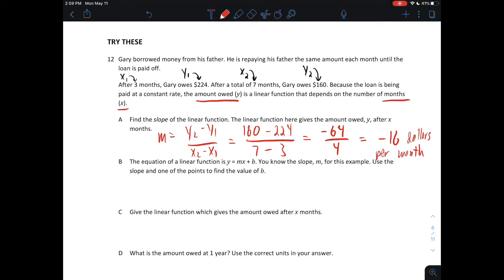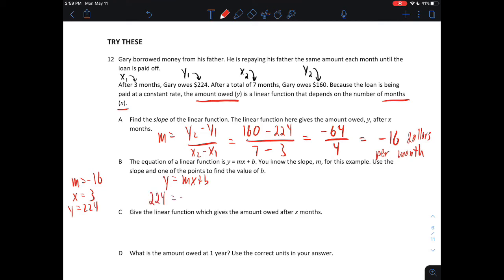So how about I use m is equal to negative 16. I'll use the first x value that I found, which is 3, and the first y value that I found, which was 224. I'm going to put those into my formula. So this gives me, instead of y, I have 224.